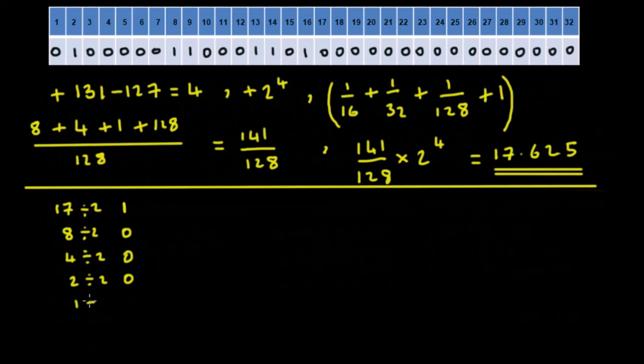And then when we divide the 1 by the 2, well, 2 doesn't get into 1, so that's a value of 0 and it's going to be a remainder of 1. So what we do is we read the number from the bottom to the top. So this number here for the 17 is going to be 1, 0, 0, 0, 1.